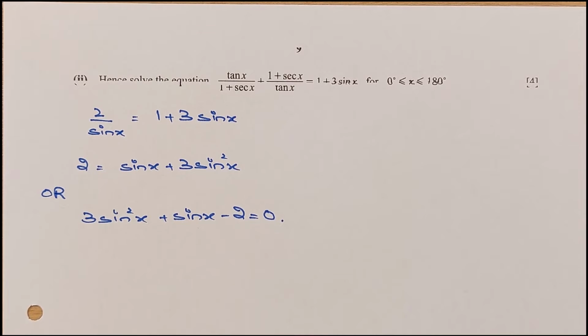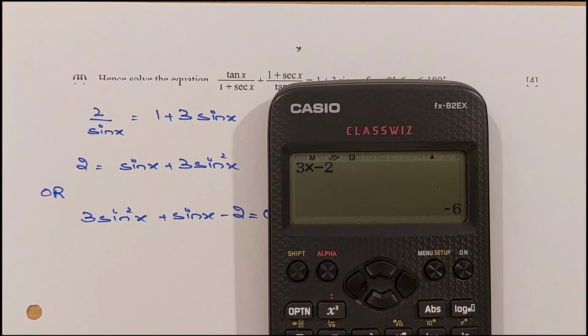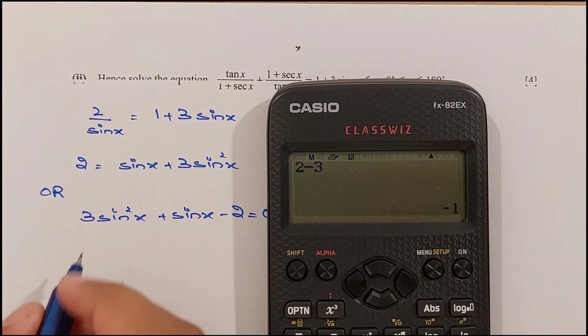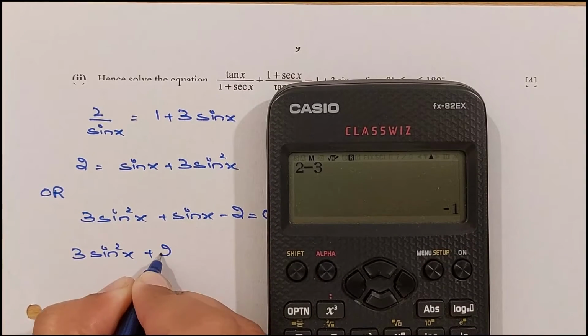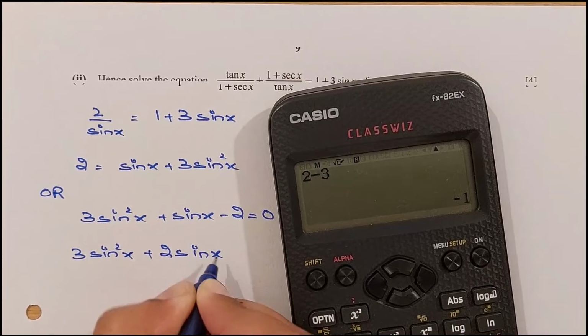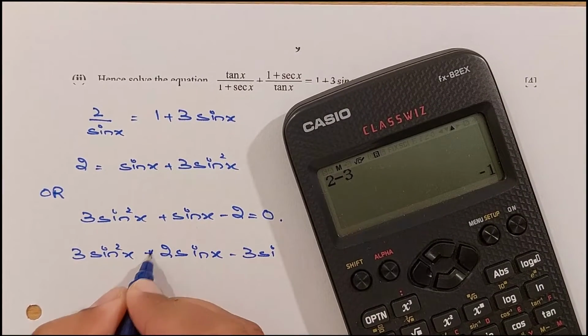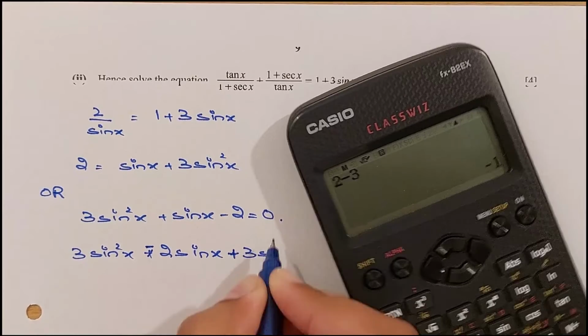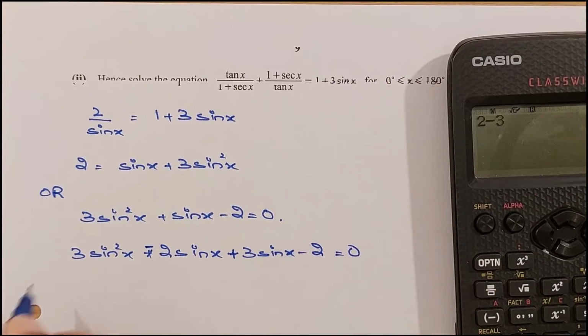Now let me factorize this. We have 3 times minus 2 is minus 6, and 2 minus 3 is minus 1. 3 sine square x plus 2 sine x minus 3 sine x. So we need minus 1, so you have minus here and plus here. Minus 2 equals 0.